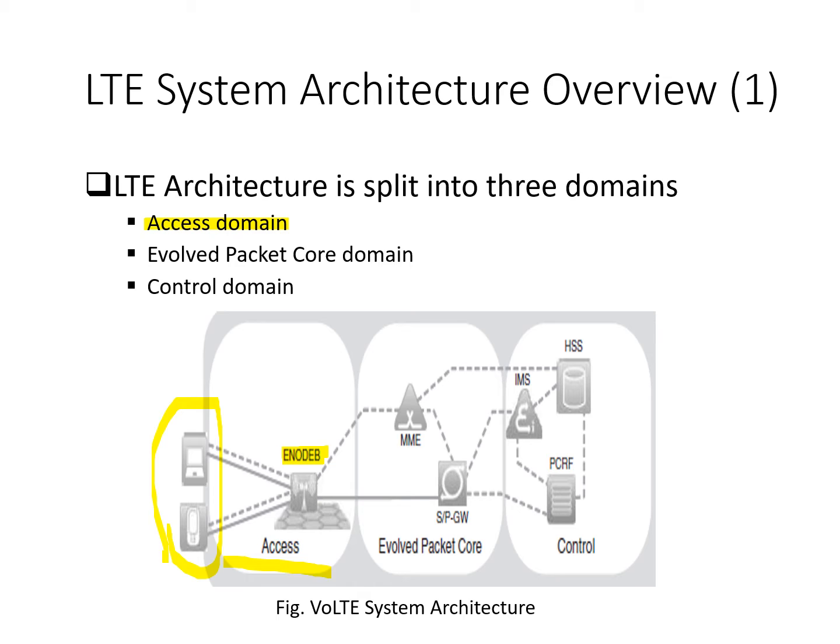And the central part of the architecture is the evolved packet core domain. We call it EPC. EPC consists of MME, serving gateway and the PDN gateway.